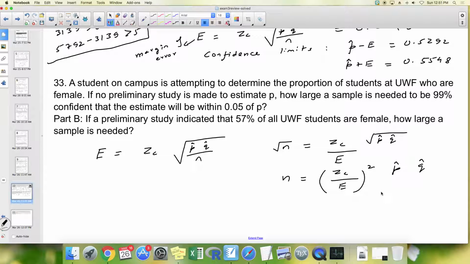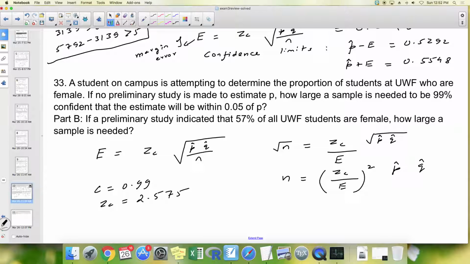Now, for part A, they want c to be 0.99. That means zc is 2.575.